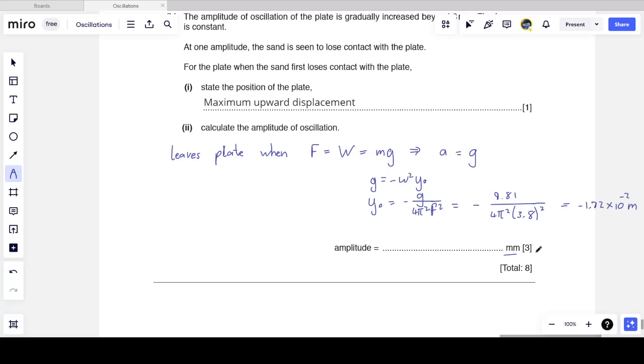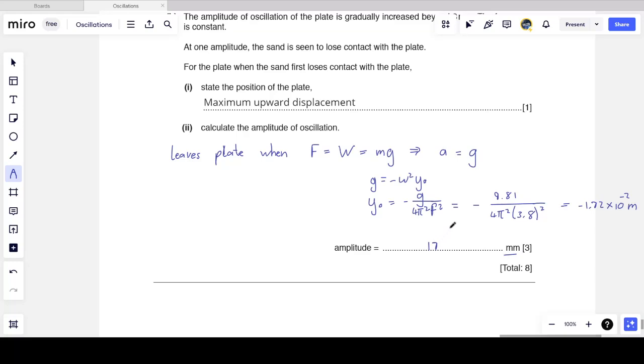But the question does ask us for millimeters, so the amplitude of the oscillation will be 17 millimeters. And so that's the amplitude of the oscillation for the sand to leave the plate.